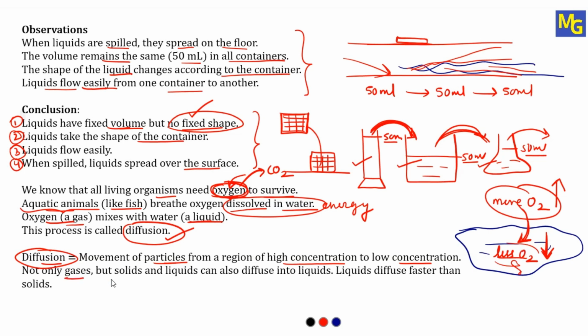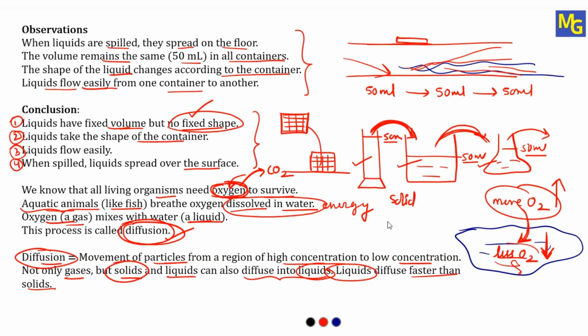Not only gases, but solids and liquids can also diffuse into liquids. Liquids diffuse faster than solids. So not only gases, even solids can be diffused into the liquid, or liquid can be diffused into the liquid. And if you compare the rate of diffusion, in case of liquid, the diffusion rate will be faster. I hope you are understanding. The main point I want to explain is that diffusion in liquid can be explained with the help of all three substances.